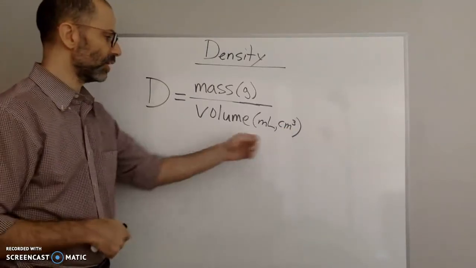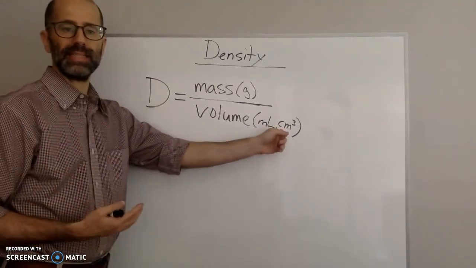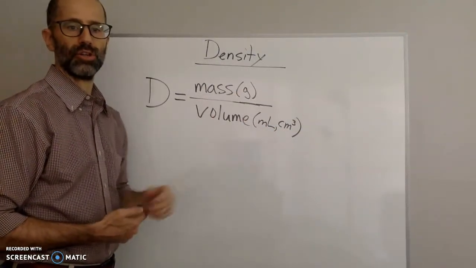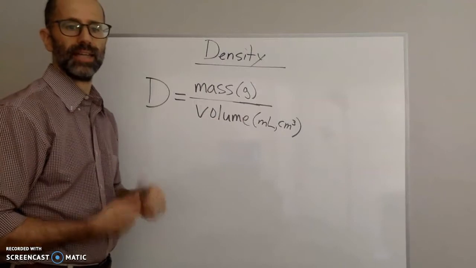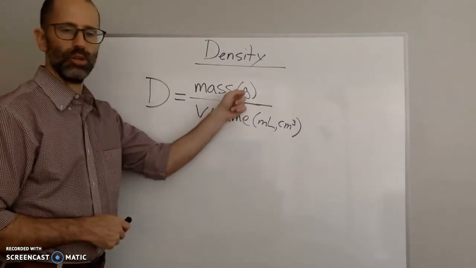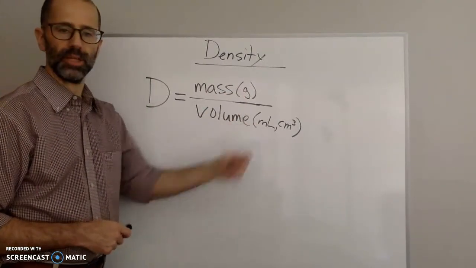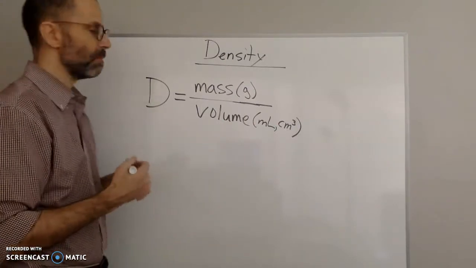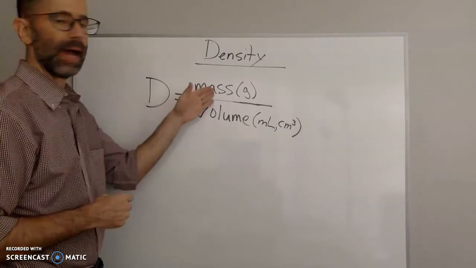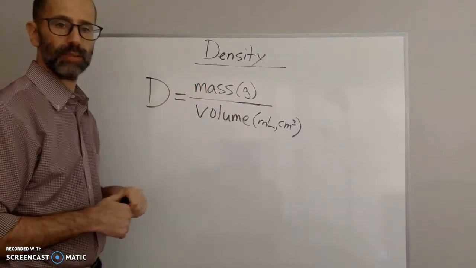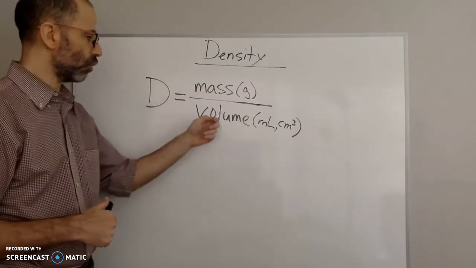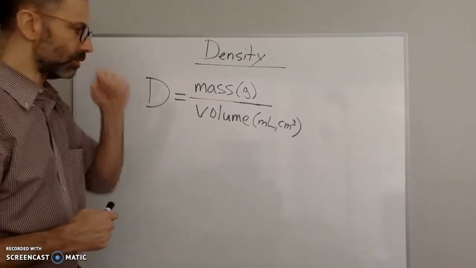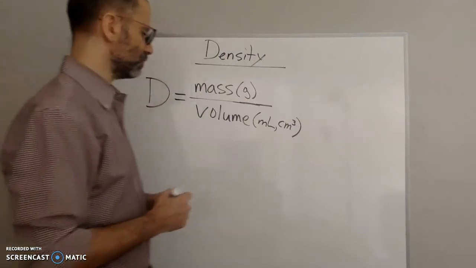So if it's a solid and you're looking at the density of a solid, it's probably going to be grams per centimeter cubed. If you're looking at the density of a liquid, it's usually going to be grams per milliliter. So that's the equation of density. So if you know the mass of a particular object or substance and you know the volume, you can divide the two and you can get the answer.